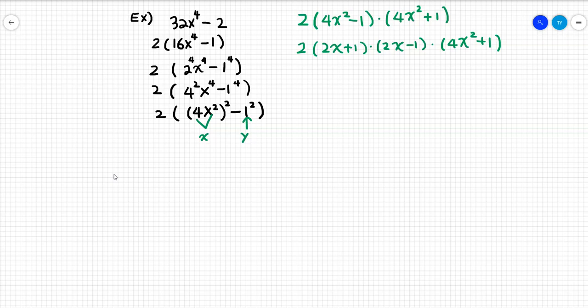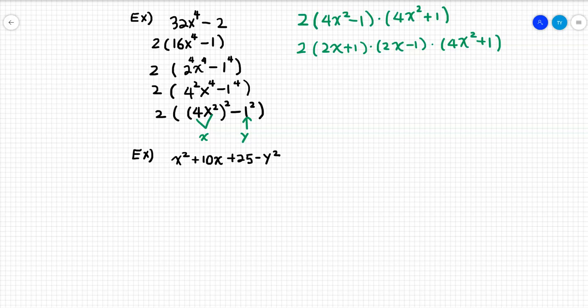Now this example is a little bit trickier than the other ones that we did, so you have to look at this one very carefully. Let's say we have x squared plus 10x plus 25 minus y squared.